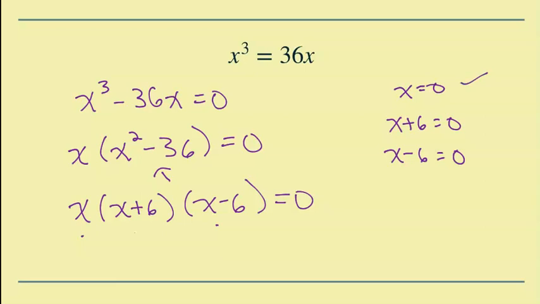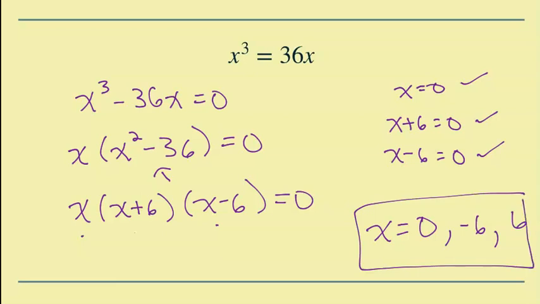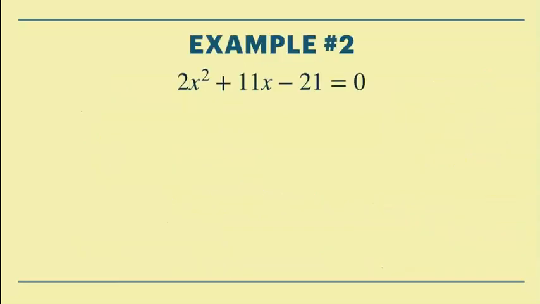If x plus 6 equals 0, then x has to be negative 6. That's the value of x that makes the second one 0. And the third solution is positive 6. If x minus 6 equals 0, then x has to be 6. So now I have three solutions that match up with my three factors, and these are the zeros of this function. So let's look at another one.